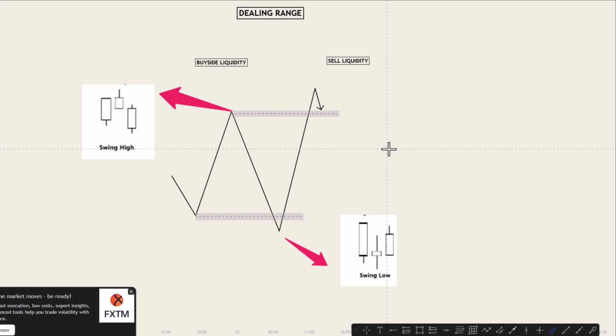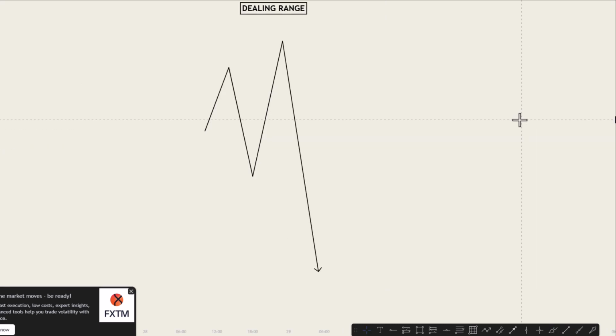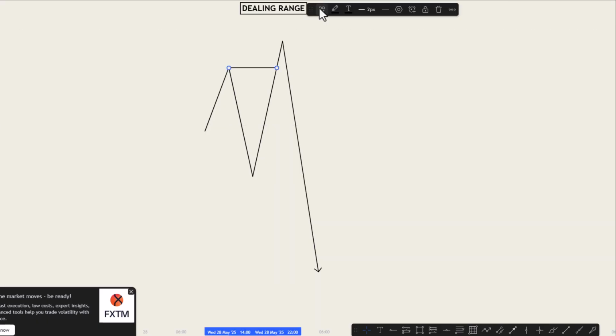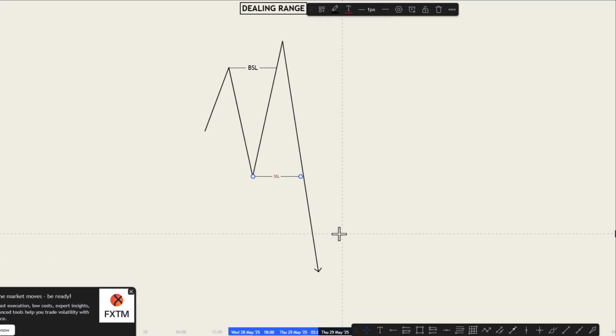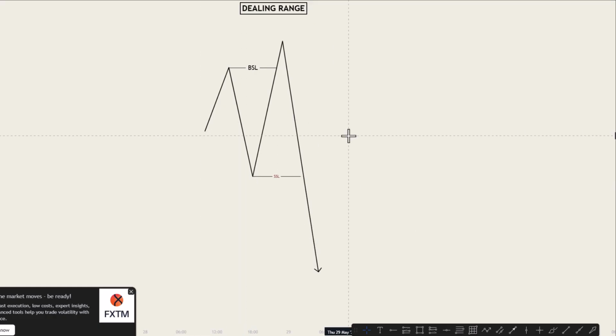So let's talk about what a daily range is. A daily range is when a buy side liquidity is taken and also a sell side liquidity is taken. Now, this gives us a daily range because what do we see? A buy side liquidity has been taken and also a sell side liquidity has been taken.